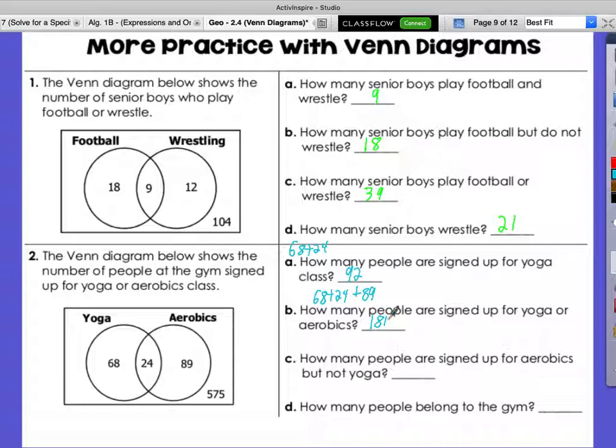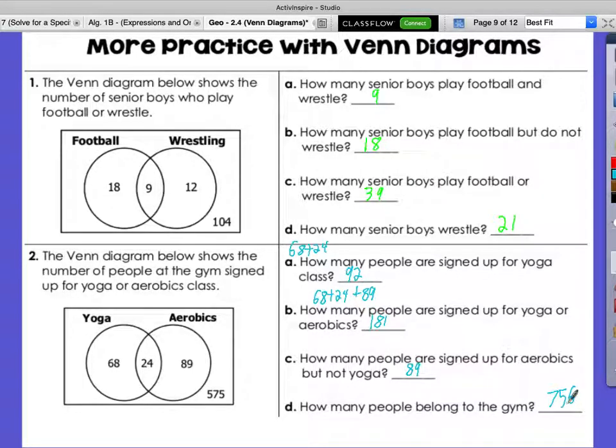How many people are signed up for aerobics but not yoga? 89. How many people belong to the gym? 756. Because 181 belong in either yoga or aerobics, or both, and 575 are in the gym but don't do yoga or aerobics.